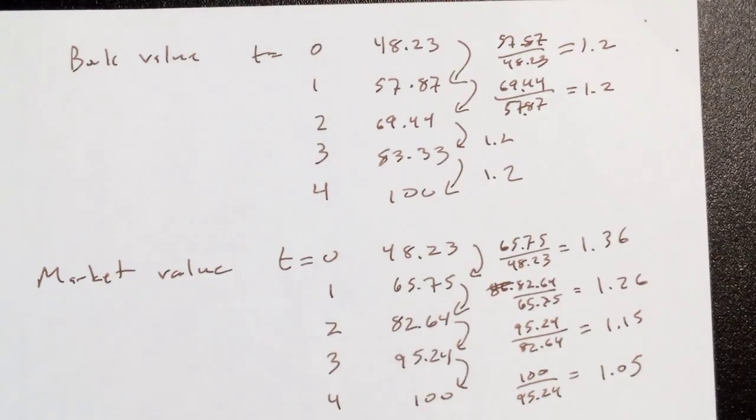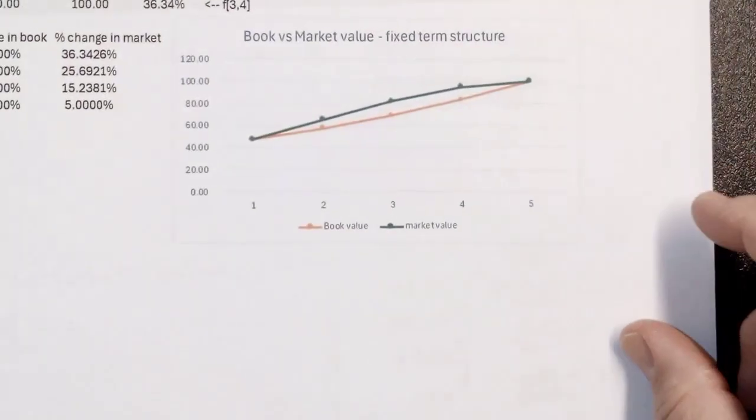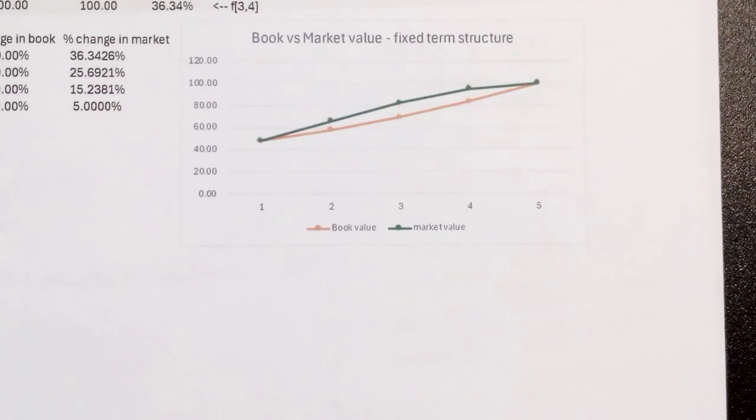As a matter of fact, this correlates exactly with our idea of forward rates. F12 and F23 and F34 and all that jazz. Here's a graph. Book values in orange, multiplied by 1.2 all the way up.